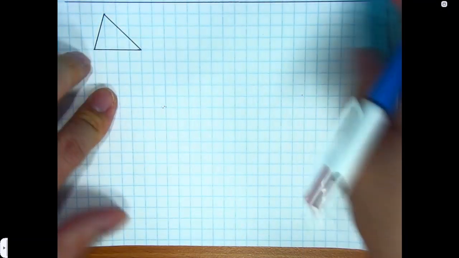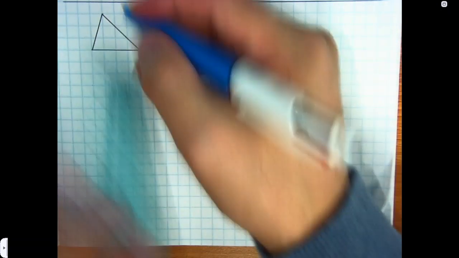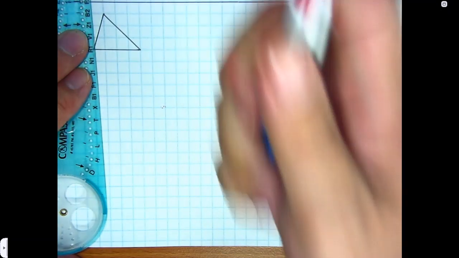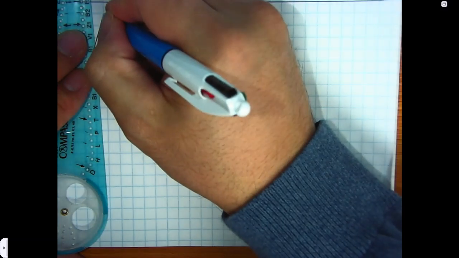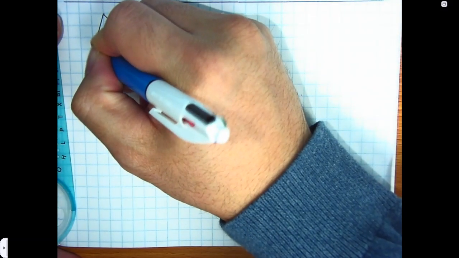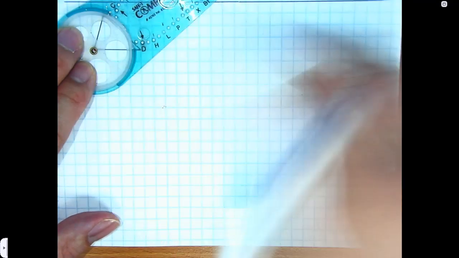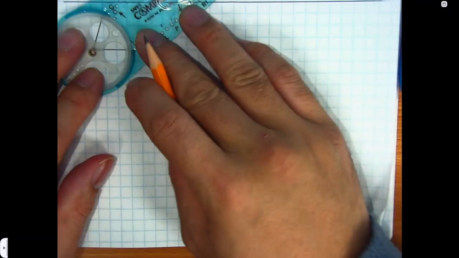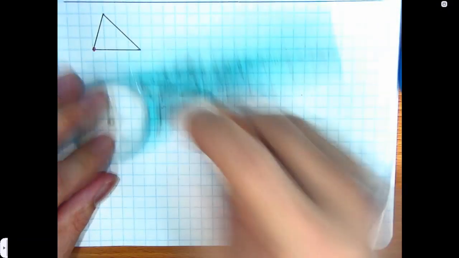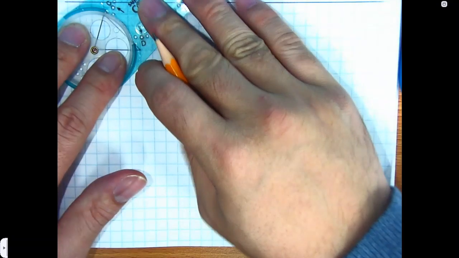All right, so the altitude of this triangle would just be the distance from a vertex, doesn't matter which one, to the opposite side. I need a pencil for this portion. It is the perpendicular distance from the vertex to its opposite side, and it does have to be perpendicular.